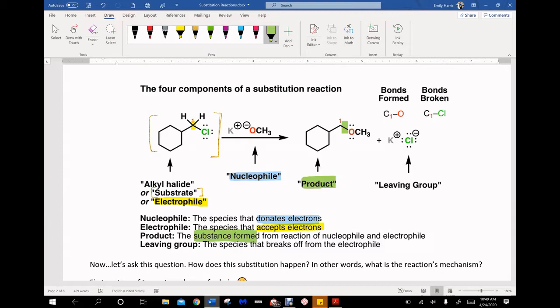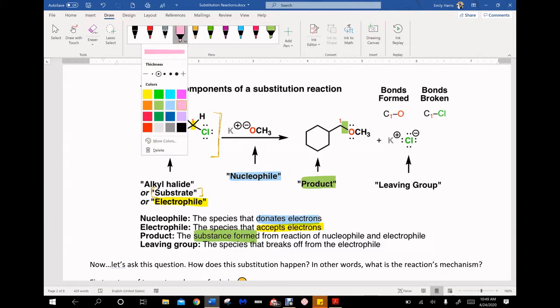And then here's the last one that's a little bit different: the leaving group, all right? The leaving group is going to do exactly what it sounds like, and it's going to be leaving the molecule. The leaving group is the species that's going to break off of the original electrophile.